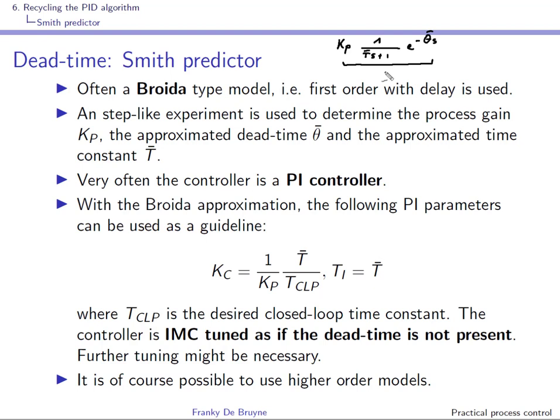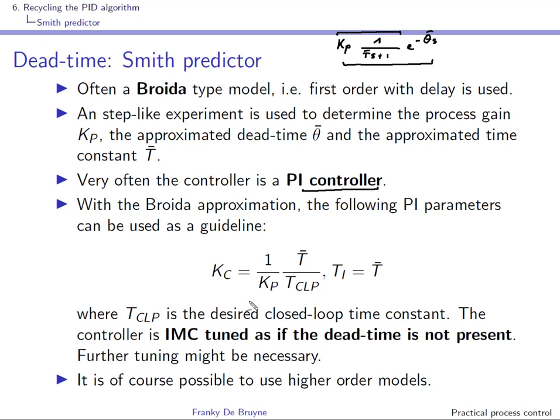So when implementing this Smith predictor, what we do is compensate for the delay, right? For the controller, which is often a PI controller, it is as if the process is this Broida model without the delay, so in this particular case, a first order system. So you can tune the PI controller as if the dead time is not present.